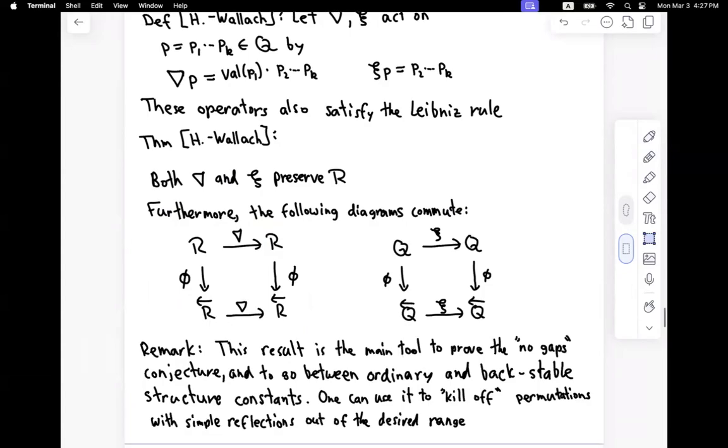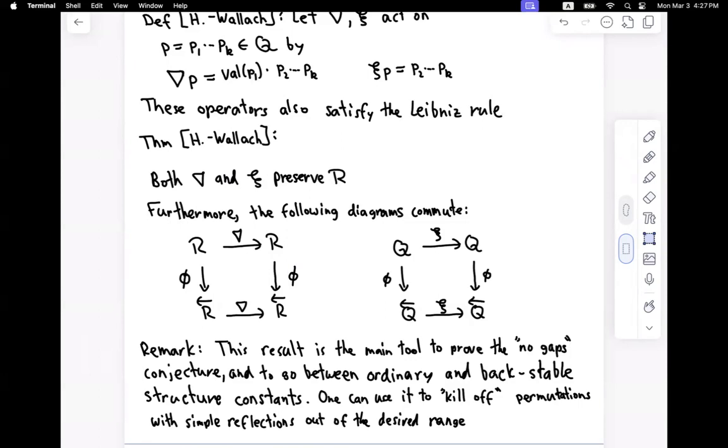Okay, and so I know this can be a little bit abstract, but this result is the main tool, and I'll do a very basic example to get some of the feel of it as the last thing. It's the main tool to prove the no gaps part of Lee's conjecture, and also to go between ordinary and backstable structure constants.